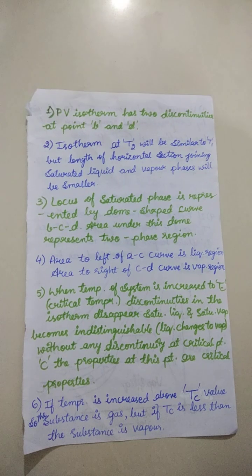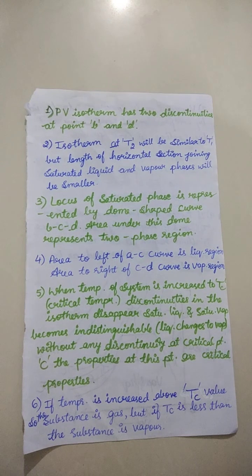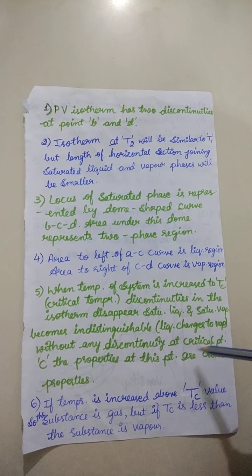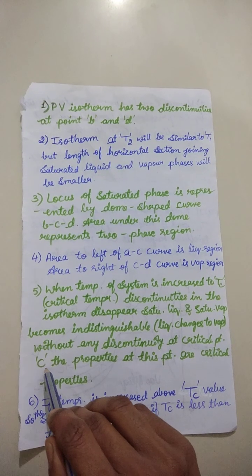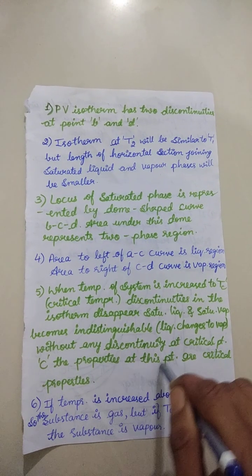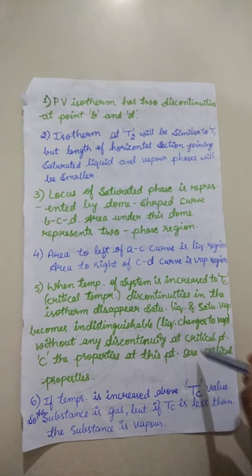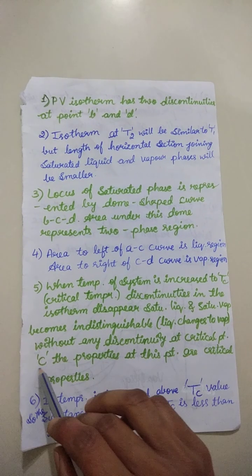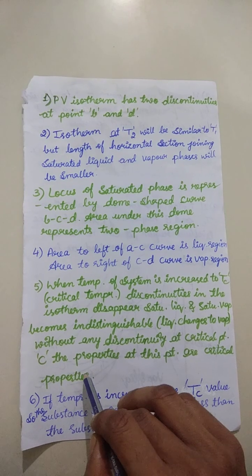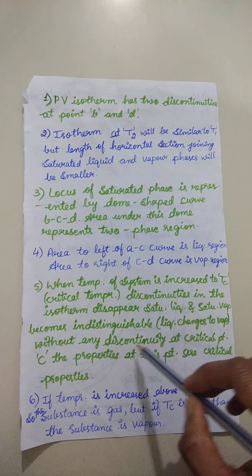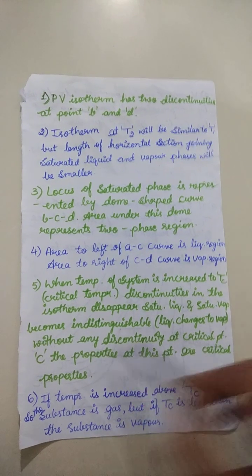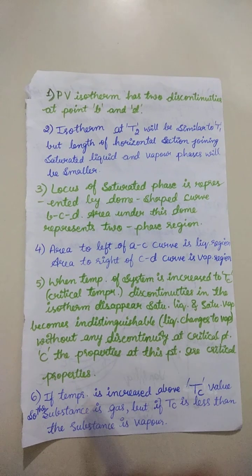The liquid will change to vapor without any discontinuity at the critical point C. So the properties at this point C are called critical properties, and the critical point is denoted by C.